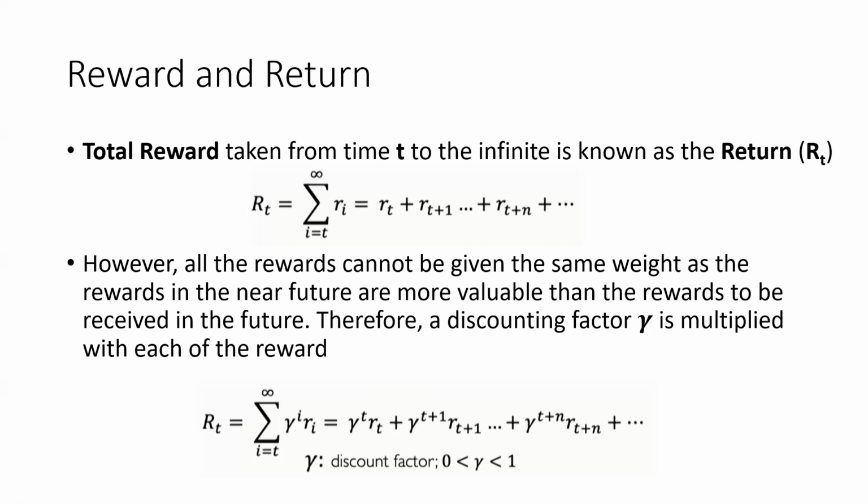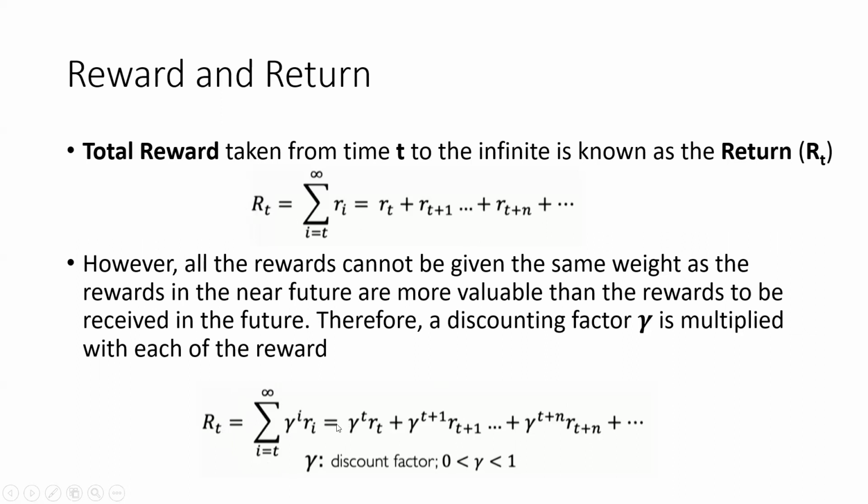If you have learned about this in finance, the same thing is applied for reinforcement learning, where the return is not calculated like this, but the rewards are weighted with these discount factors, and this total discounted reward is known as the return, right? So the return that you can get at time t can be represented by this form.